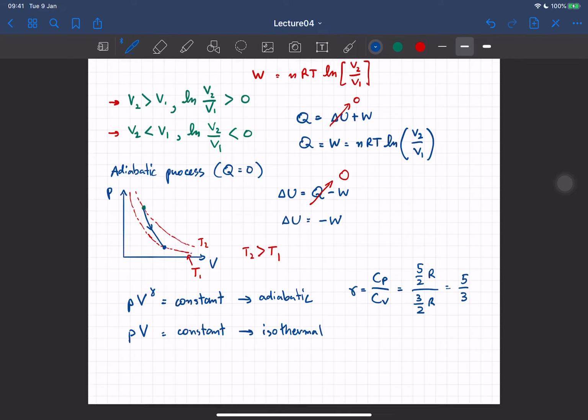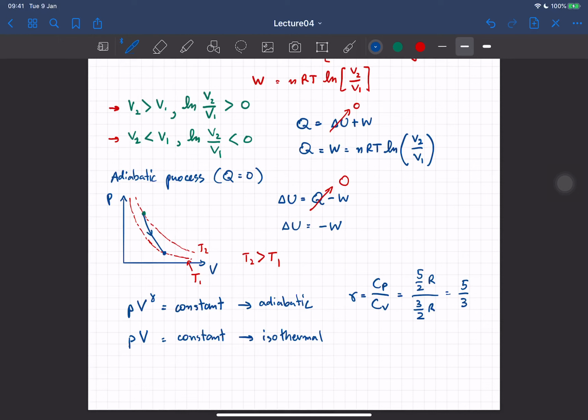So that means the equation PV to the power of gamma equal to constant is just PV to the power of 5/3 equal to constant for an adiabatic process.